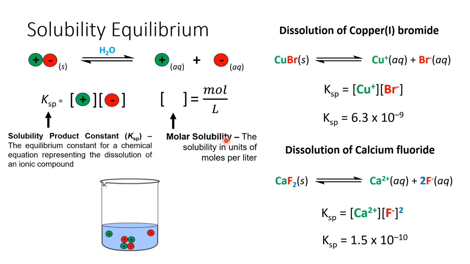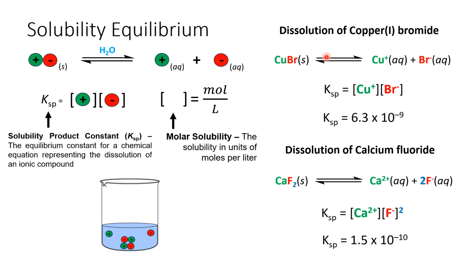So what that's telling you is the solubility of, let's say, a positive or negative species in moles per liter. So any number in here is just describing the molar solubility of that ion in solution, okay?